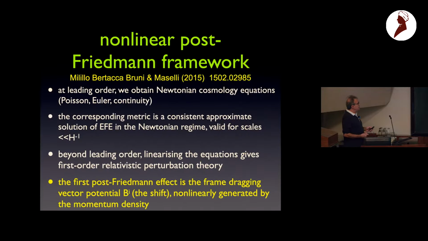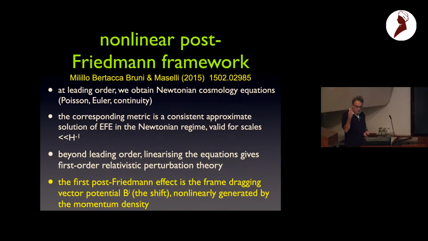So, as I said, it was developed by that paper, and at leading order includes the standard Newtonian equation. This gives the dynamics. However, beyond leading order, linearizing the equation gives a first order perturbation theory, okay?